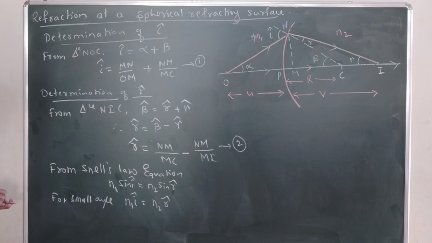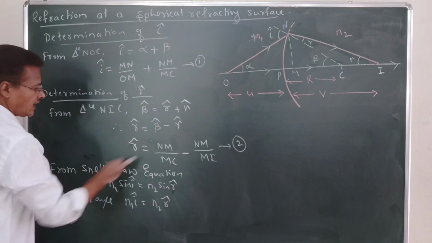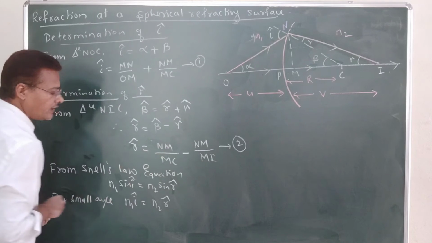I means Mn by OM plus Nm by MC. R means Nm by MC minus Nm by MI.